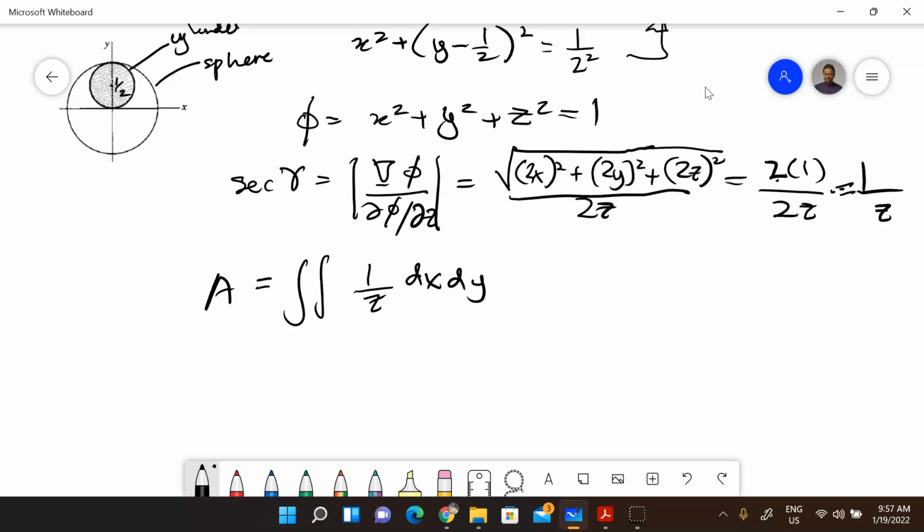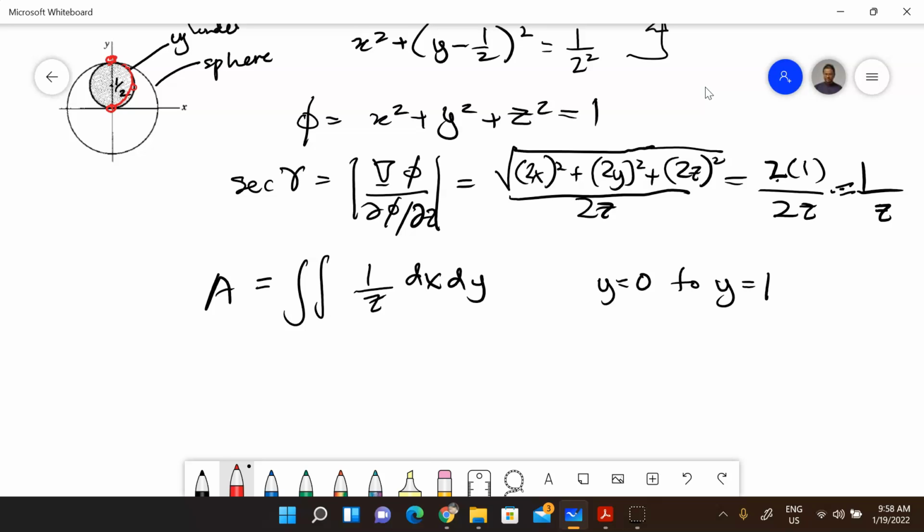The limits are y equals 0 to y equals 1, which is this limit over here. And then the other limit is for x. The x is going from here to this curve over here. And we also have this part, so there are two parts which are symmetric, so we only need to do one of them.